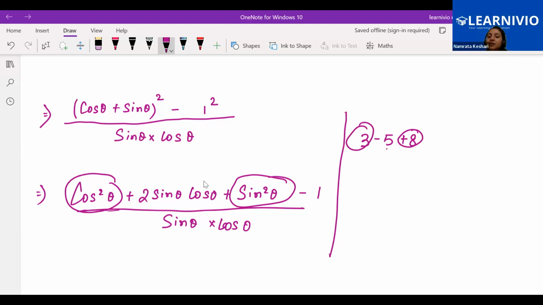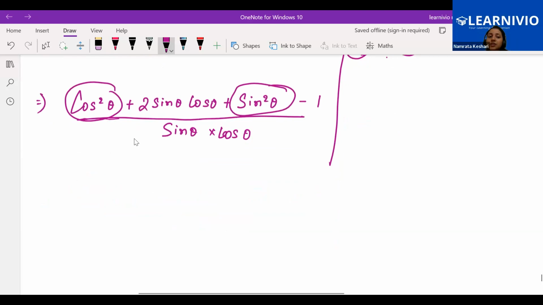However, when we have multiplication and division, we must be strict with BODMAS. But addition and subtraction can be done here and there. So we will take this cos square theta plus sin square theta together, which will make 1. For your clarity, I am writing it together.